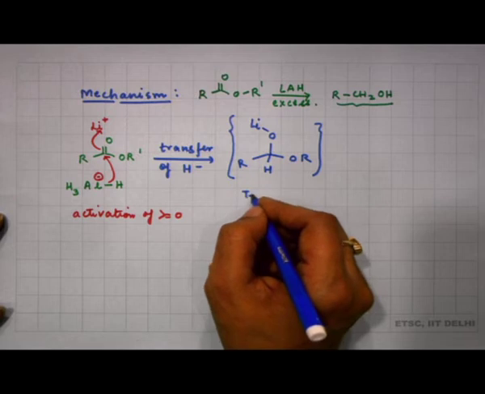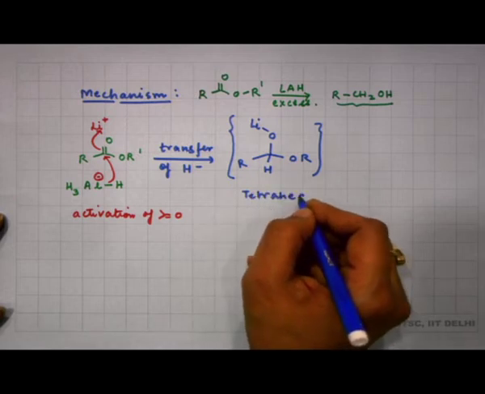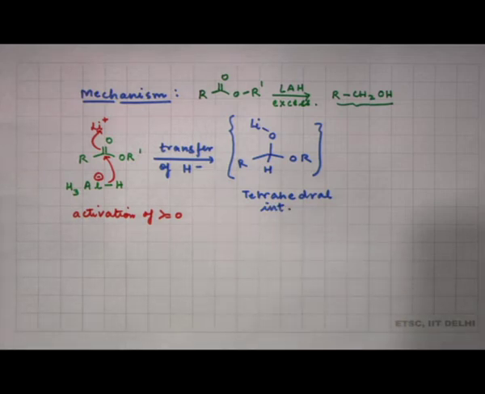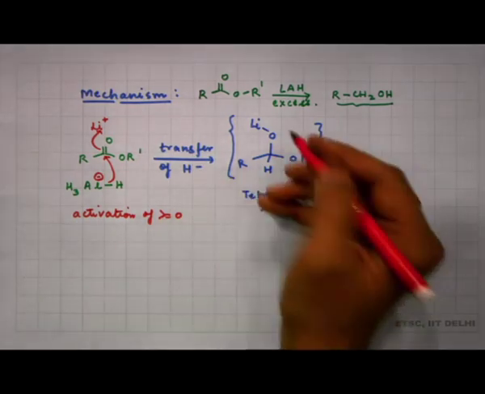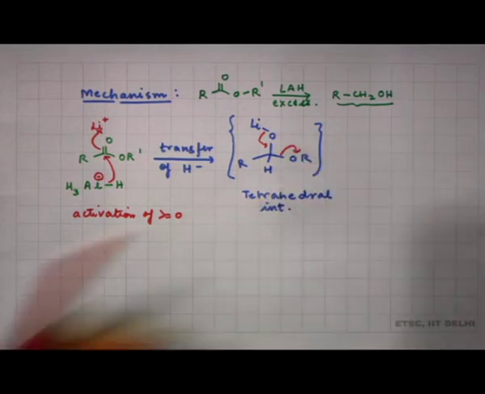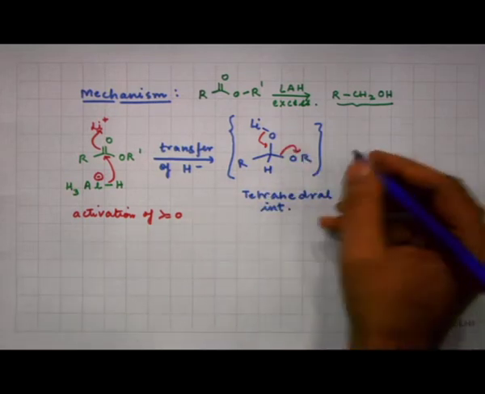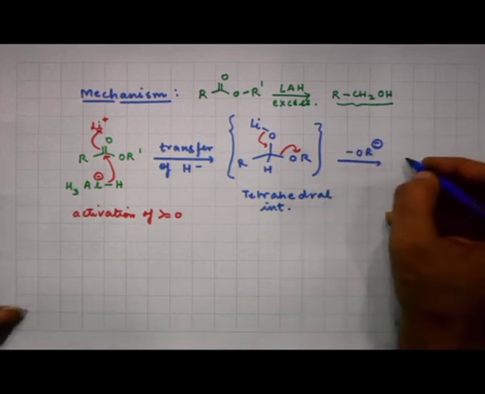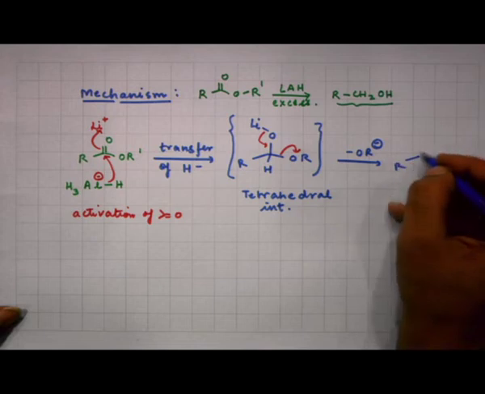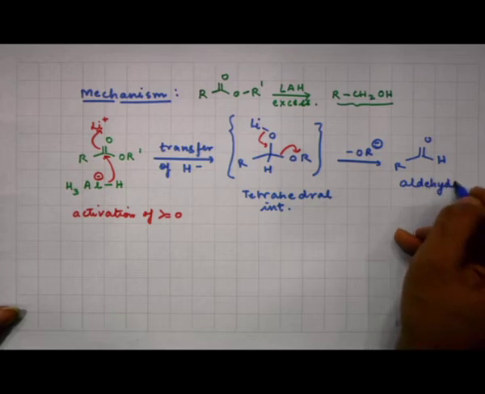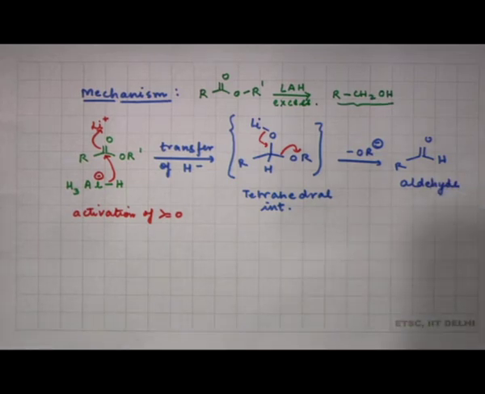So, you get a tetrahedral intermediate. This tetrahedral intermediate now can further collapse with the loss of this alkoxide anion to give you an aldehyde.